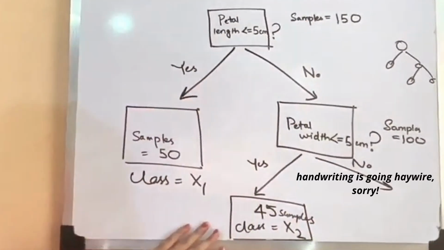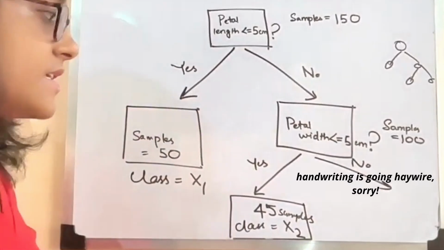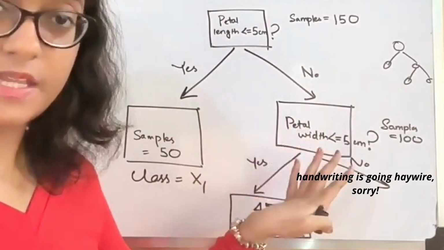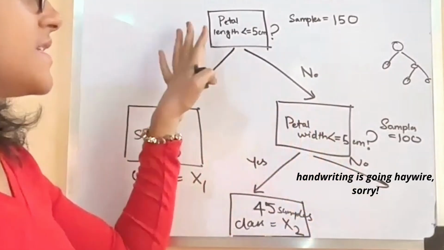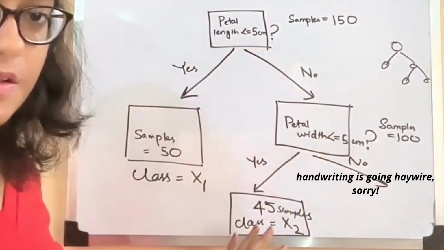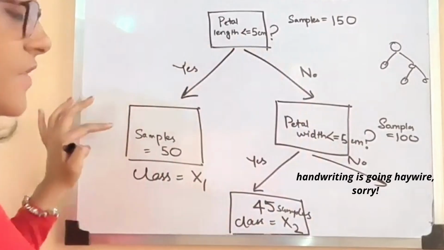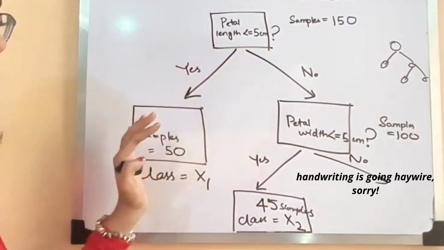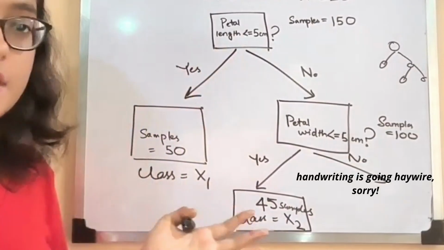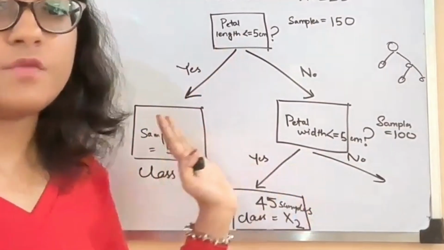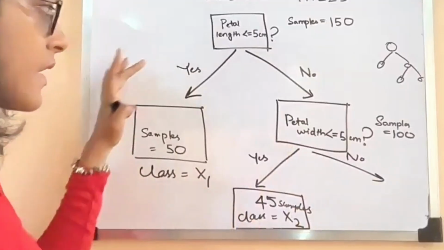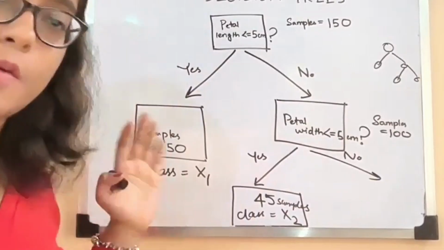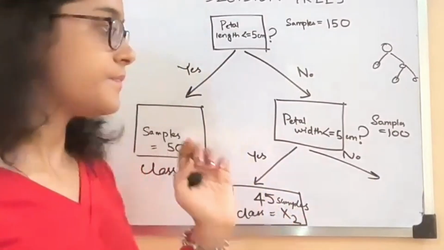So 45 total samples in our dataset have class equal to x2, petal width less than 5 centimeters and petal length greater than 5 centimeters. We also have 50 samples in our dataset of class x1 having petal length less than 5 centimeters and some wide variation of petal width, which we don't care about, because petal length less than 5 centimeters means 50 class samples from our dataset that our model will learn.